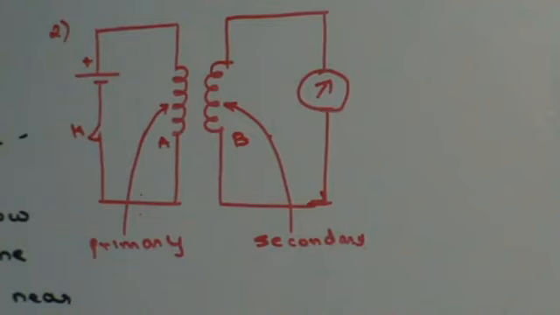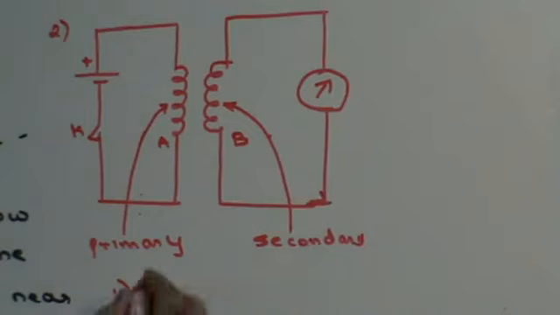Let's write this down. In this experiment, let's try to understand how flux is produced without moving the magnet.